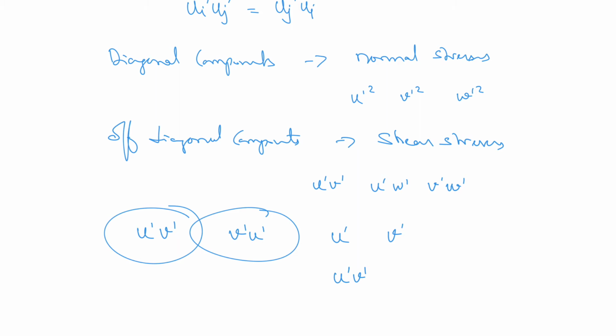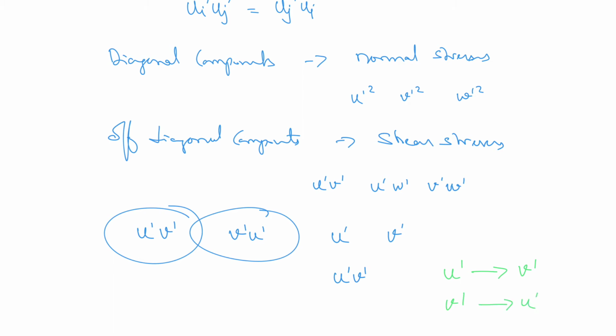But if you consider u dash v dash, the momentum can be transferred from one direction to another direction. So the momentum transfer can happen from u dash to v dash or v dash to u dash.